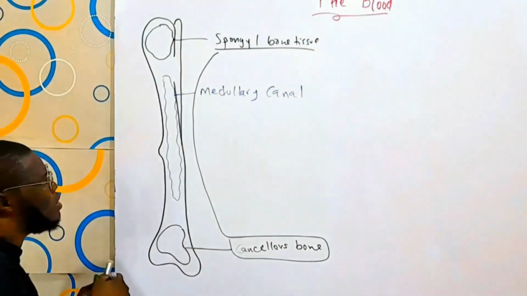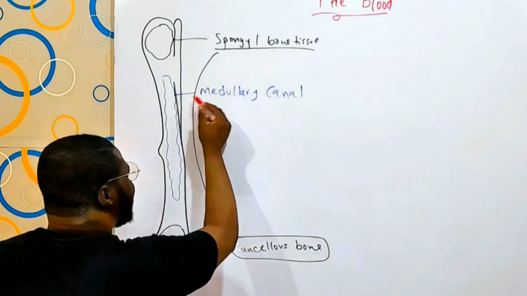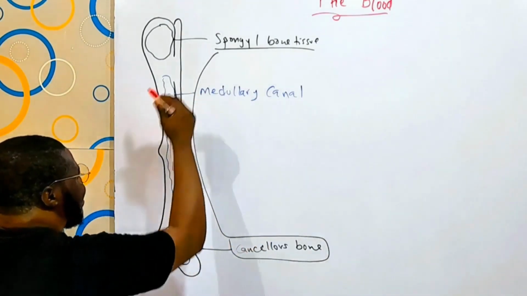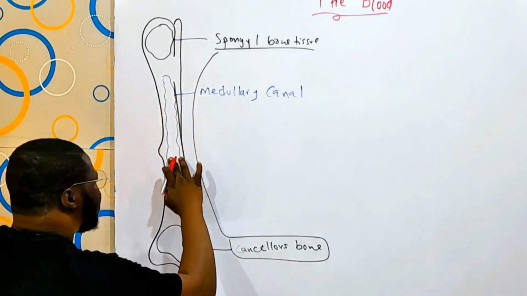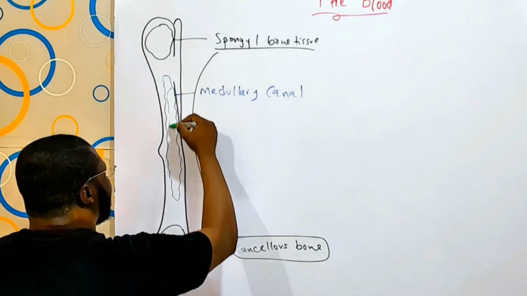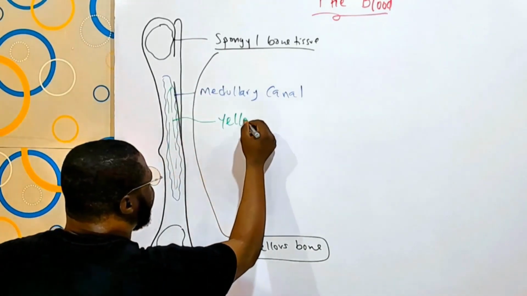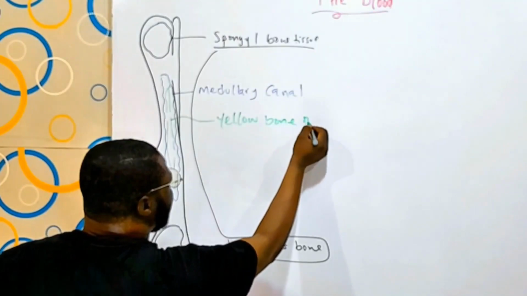Inside this medullary canal, we have something called yellow bone marrow.